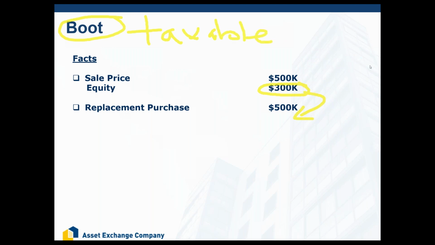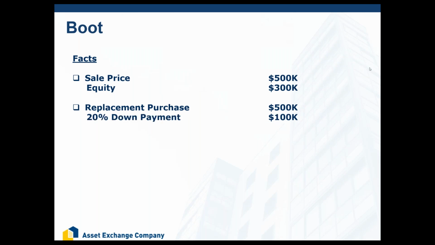So guess what happens, ladies and gentlemen? That causes problems. People work with mortgage brokers or lenders who don't know the 1031 rules, and they say, hey, the rates are really, really good right now. Just put as little down as you can. So instead of putting $300,000 down, you end up putting $100,000 down to buy your $500,000 property.